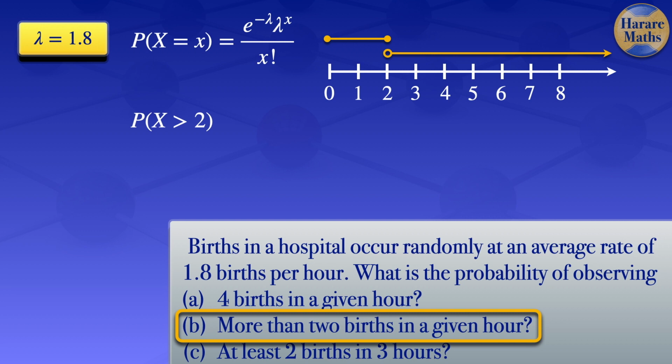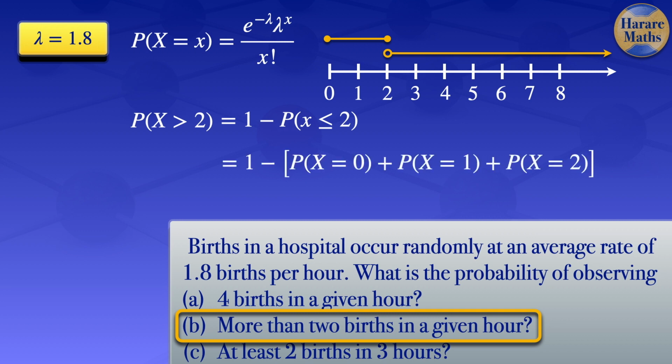So the probability that X is greater than 2 equals 1 minus the probability that X is less than or equal to 2. X less than or equal to 2 means X is 0, 1, or 2. So the probability that X is greater than 2 is 1 minus the probability that X equals 0, plus the probability that X equals 1, plus the probability that X equals 2.